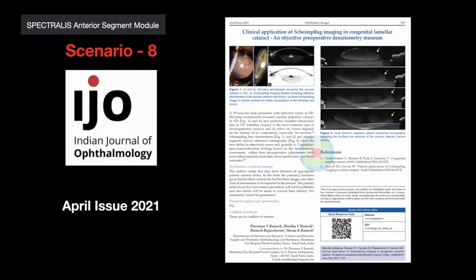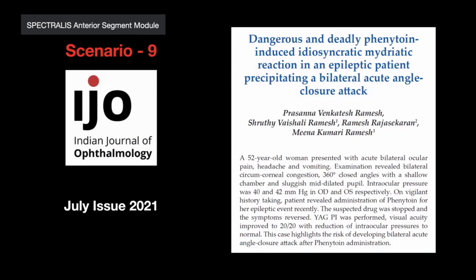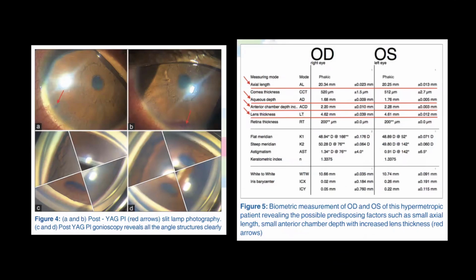Again, this is congenital lamellar cataract. This is a phenytoin-induced mydriatic reaction which caused a bilateral acute angle closure attack. But as I keep telling, I'm not going into the clinical or the research part of it, focusing only on the photography.